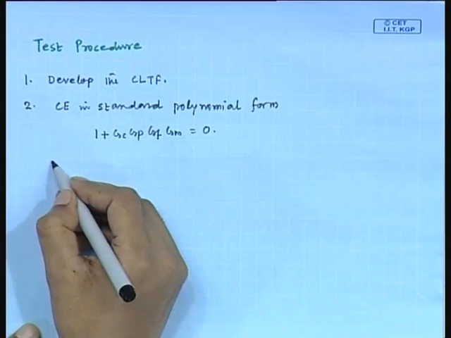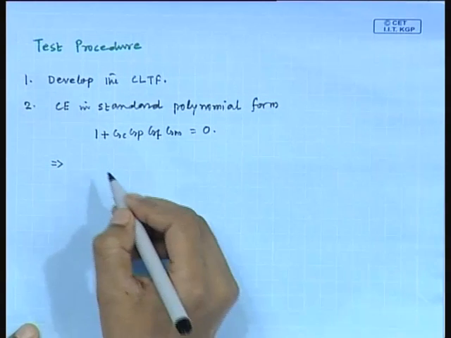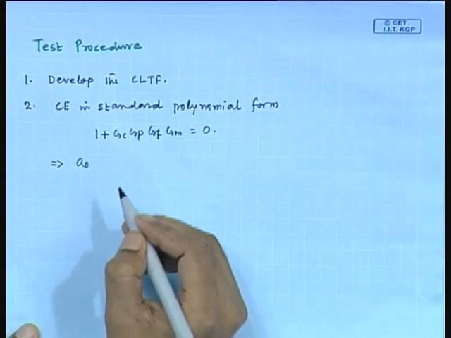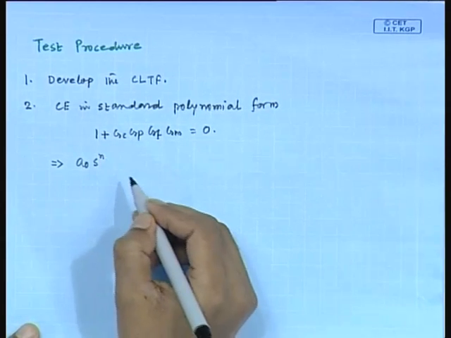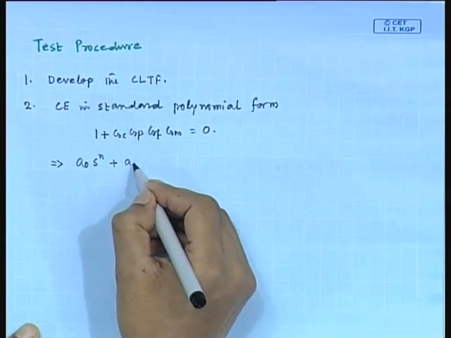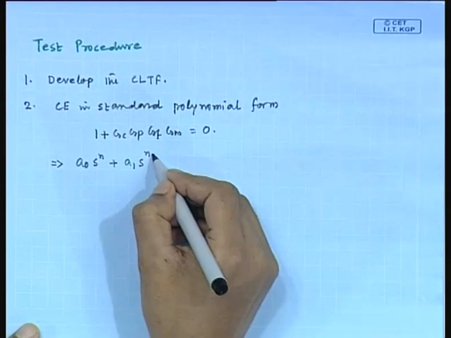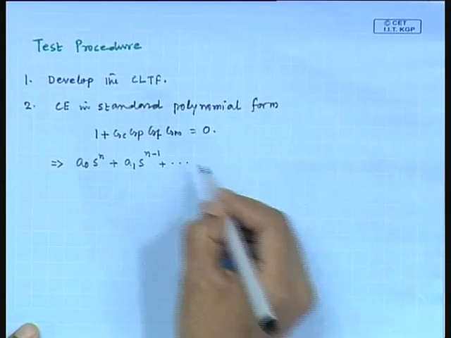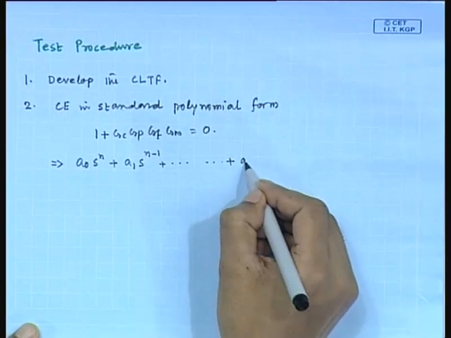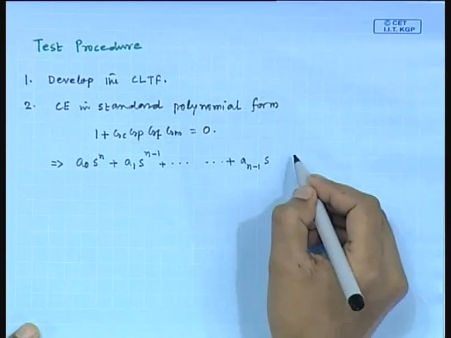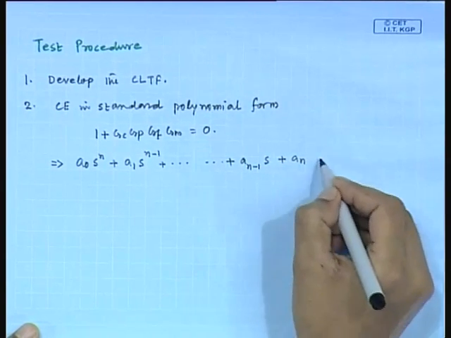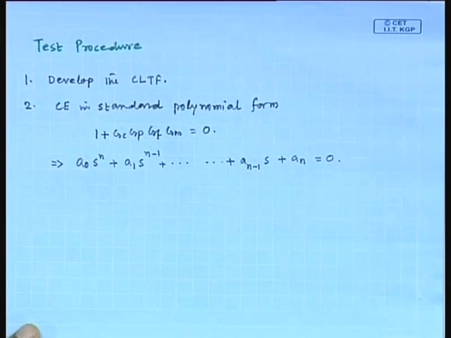Now, we will write this in standard polynomial form as a naught s to the power n plus a1 s to the power n minus 1 and so on, plus a n minus 1 s plus a n equals 0. We need to represent the characteristics equation in this standard nth order polynomial form.